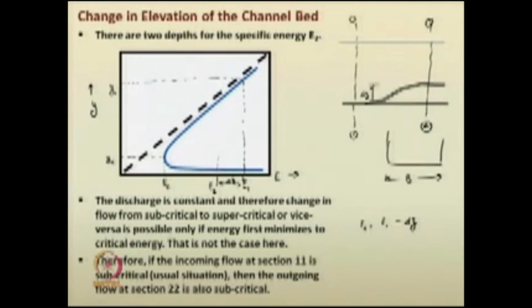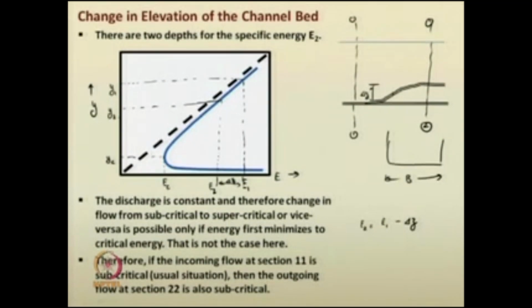From this thing, you will see that there are two depths, one supercritical depth and one subcritical depth. Okay. From this curve, you get for the same specific energy E2, two depths, one supercritical depth and one subcritical depth. You have to appropriately select which is the depth of flow.